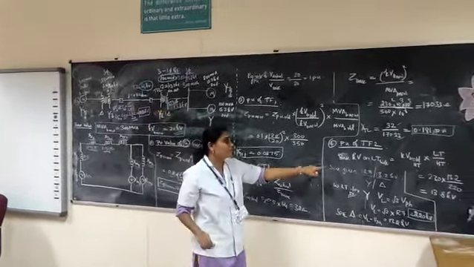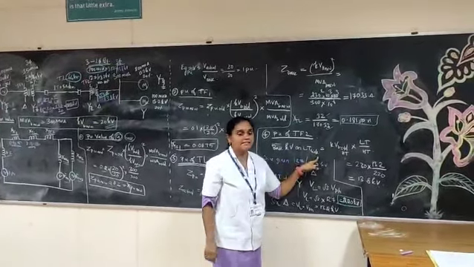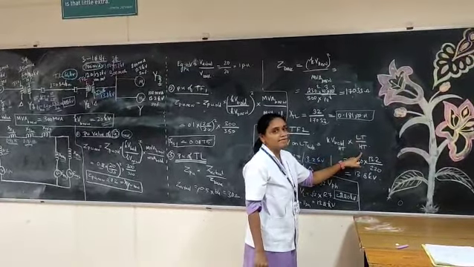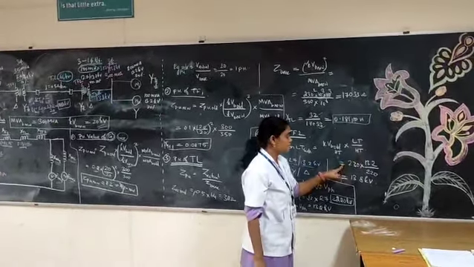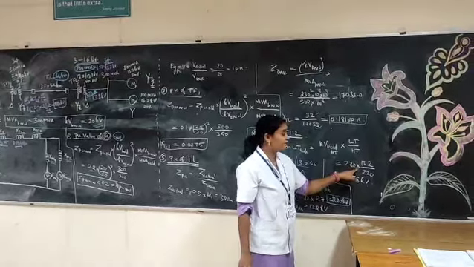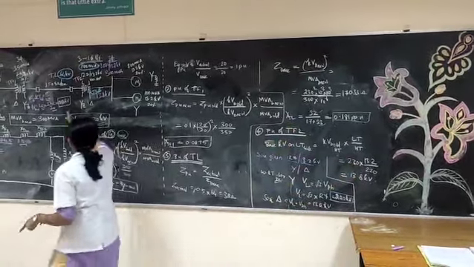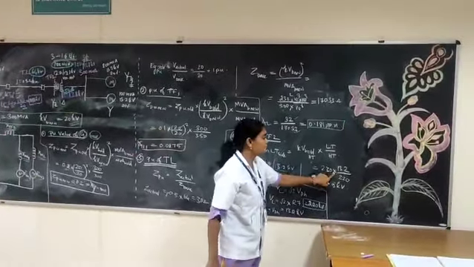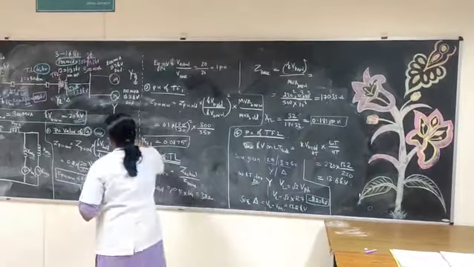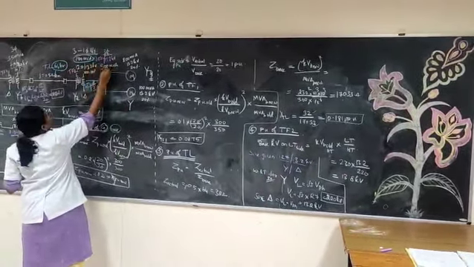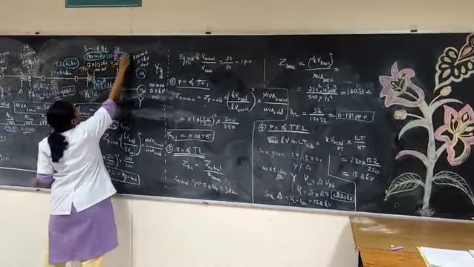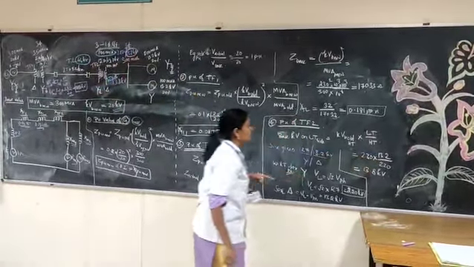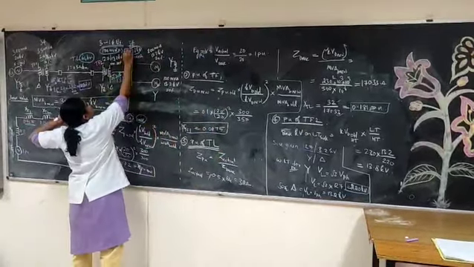The formula for calculating base kV on the LT side is kVb old on the HT side into LT rating divided by HT rating, which is equal to 230, the value we have calculated here, into 13.2, the LT rating we calculated as 3 phase, divided by the converted HT rating, which is 220.